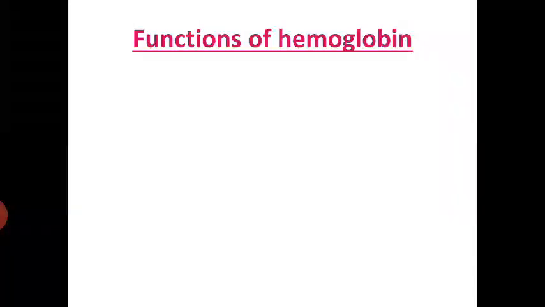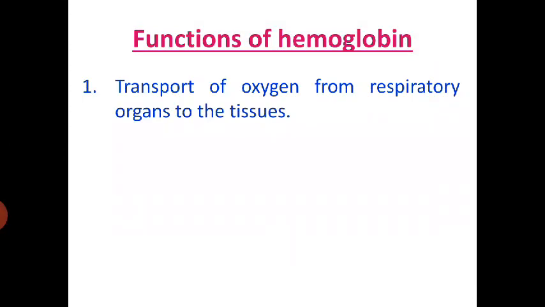So let us see the functions of hemoglobin. So as usual, transport of oxygen from respiratory organs to the tissues. So in human beings, hemoglobin carries oxygen from lungs to tissues, and it hands over to myoglobin. So it acts as carrier of oxygen from the organs of respiration to the tissues, where oxygen is used in various metabolic reactions.